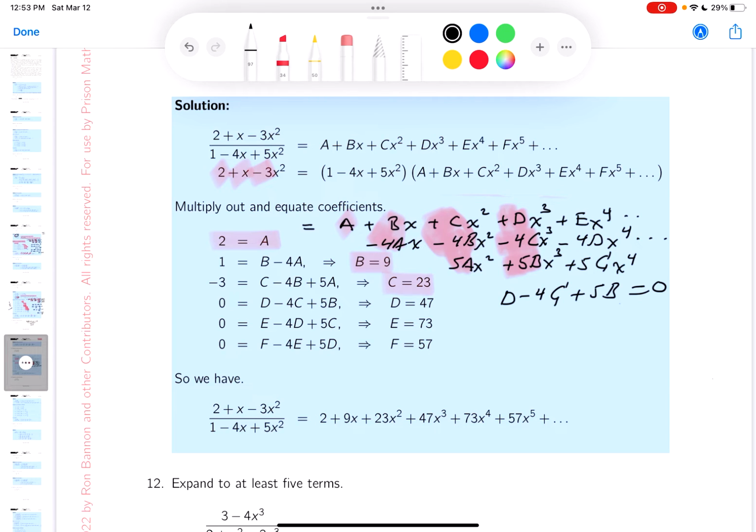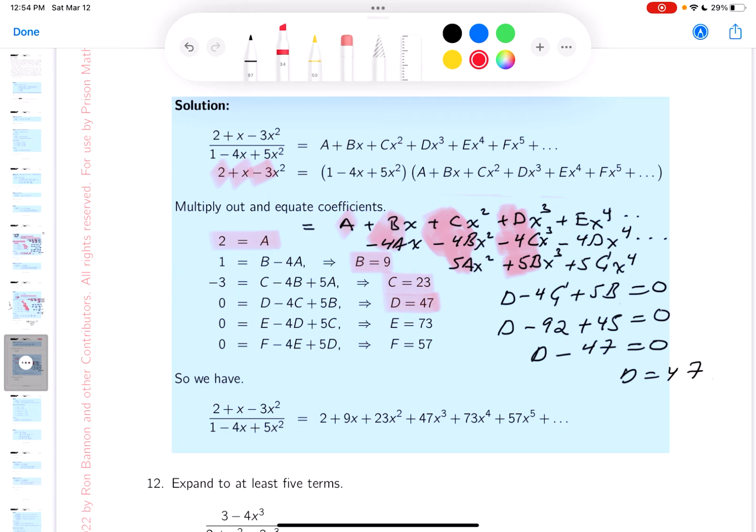Well, minus 4 times c is going to be minus 92, and 5b is going to be 45. And that equals 0. So d minus 47 equals 0.